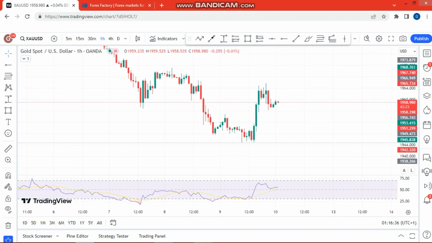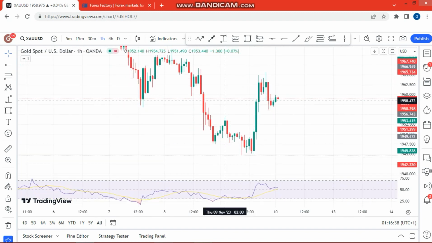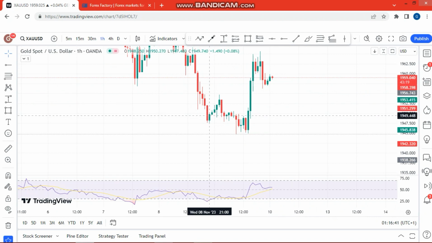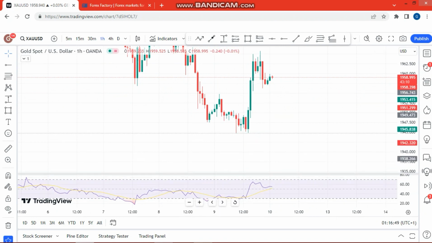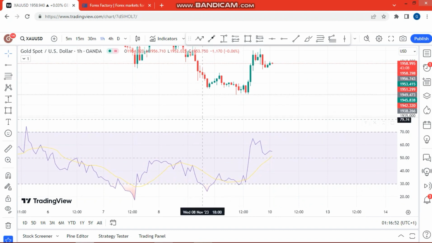All right, good. Now if you notice in this downtrend, there's a lower low here and a lower high and a lower low, but on the RSI, it was doing quite the opposite. Let me bring it up for you here so you can see it clearly.